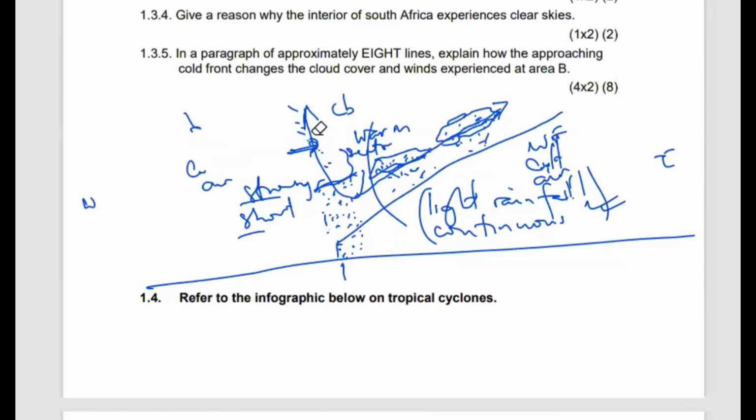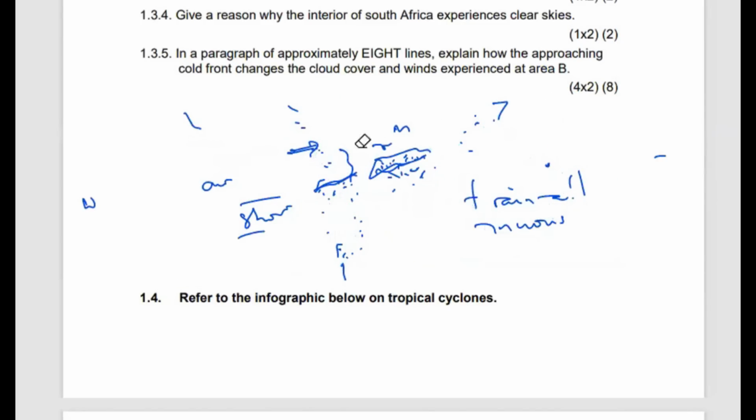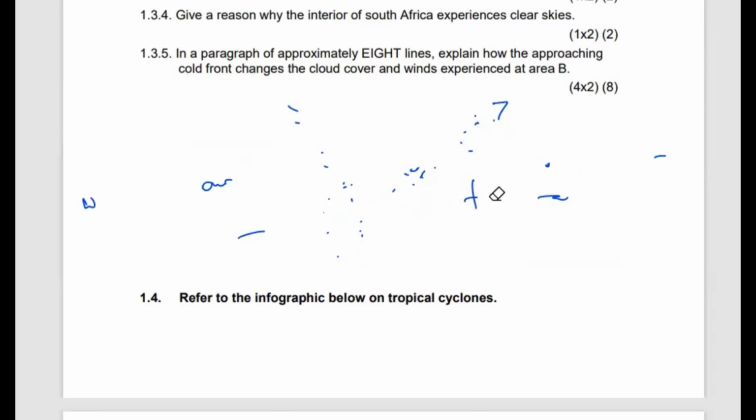Right, it says, give a reason why the interior of South Africa experiences clear skies. Right, from our satellite image, we want to try and figure out a reason why the interior of South Africa is having clear skies.